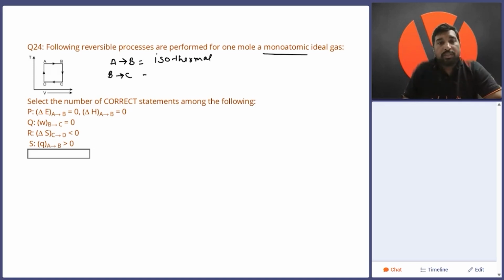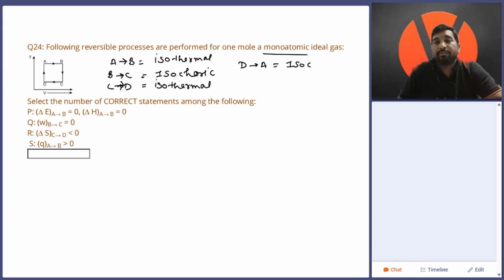Process B to C is isochoric. C to D, once again, is isothermal. And D to A is once again isochoric. So select the number of correct statements among the following.